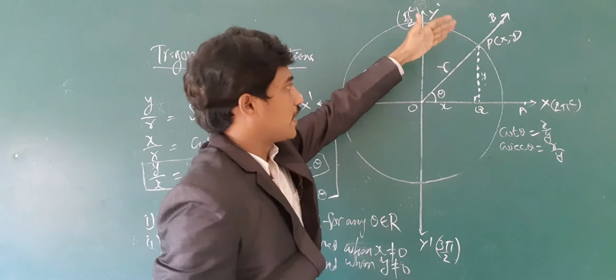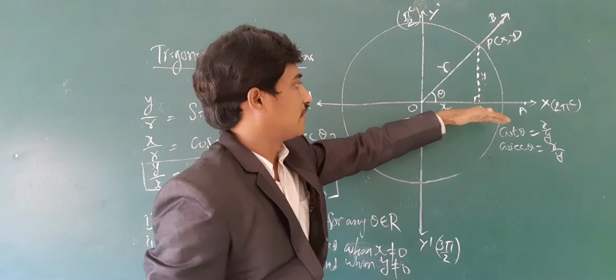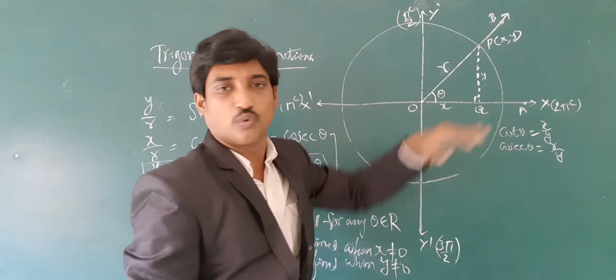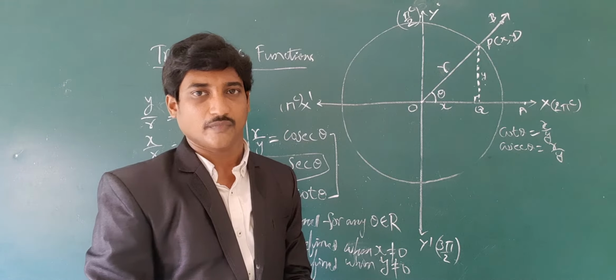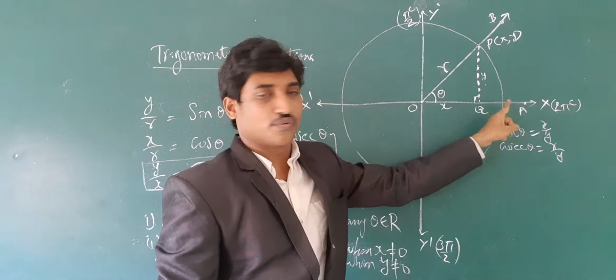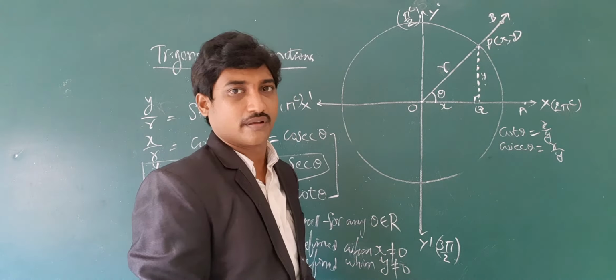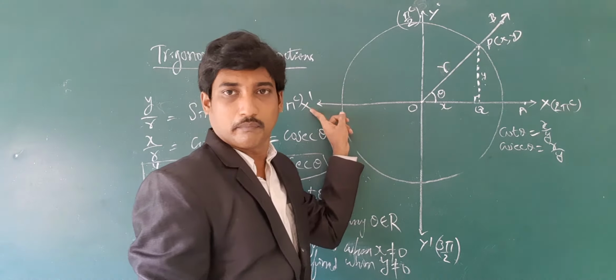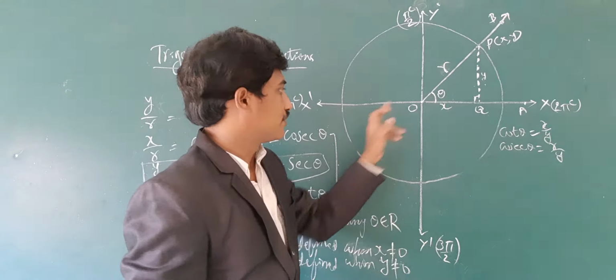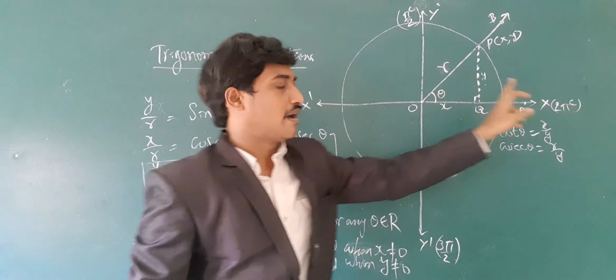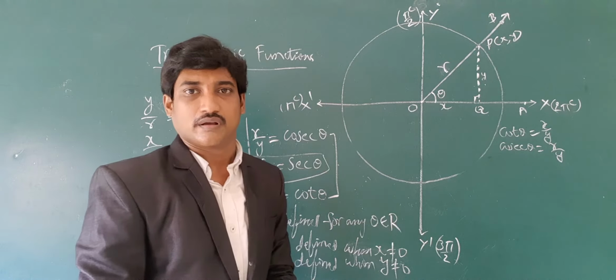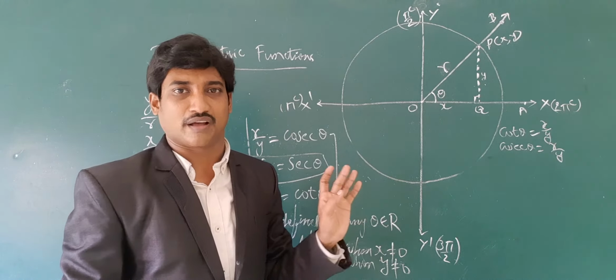When OP coincides with OX, theta is equal to 0 or pi radian, or 2 pi, 3 pi, 4 pi, 5 pi.